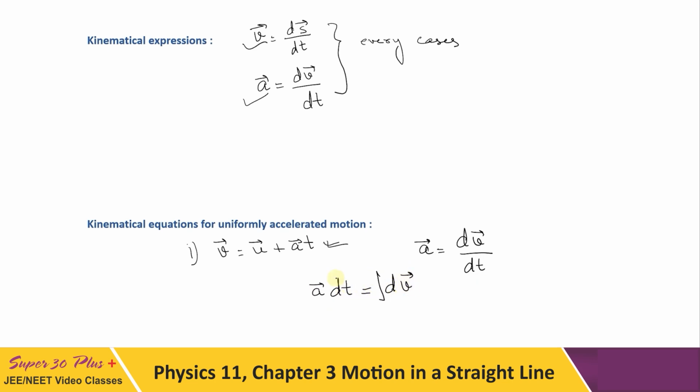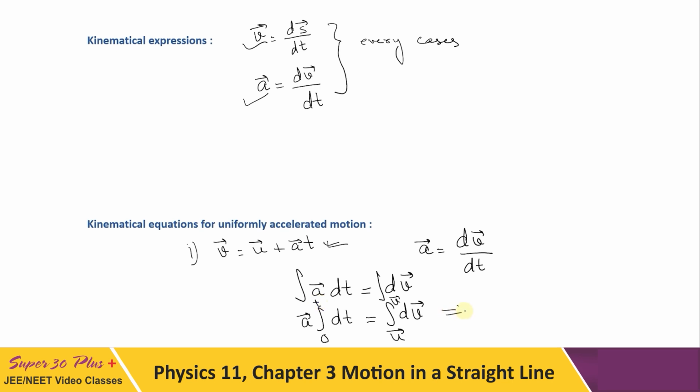Now if you integrate both sides, since acceleration is constant, it can be taken outside the integral. On one side this will be the integration of dt, and here it is the integration of dv. The limits are the initial velocity and the final velocity. For time, the reference is starting from t is equal to 0 to some time t is equal to t.